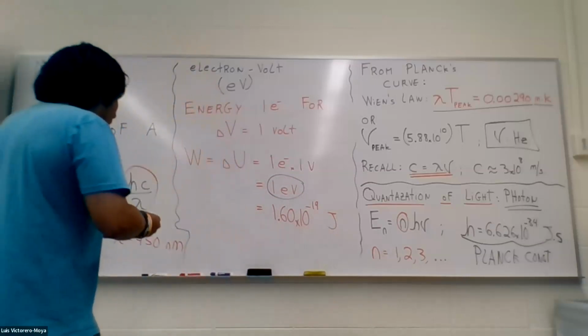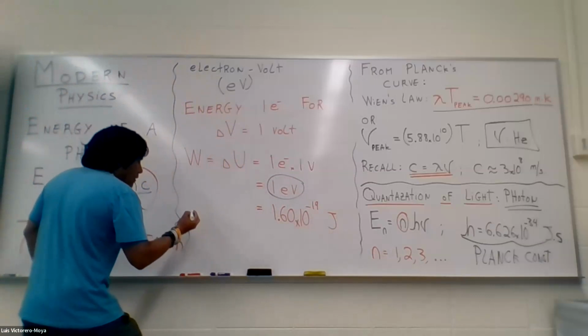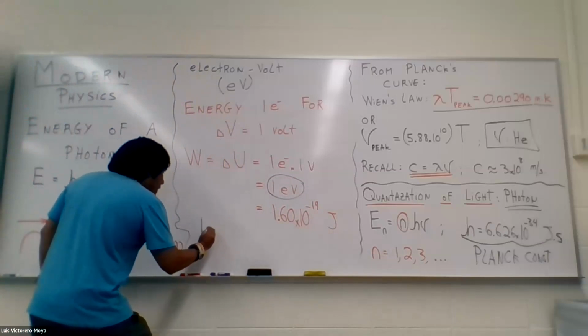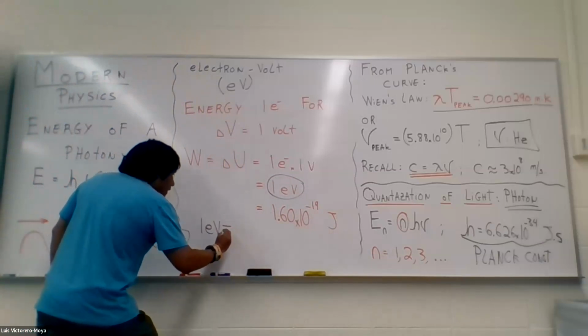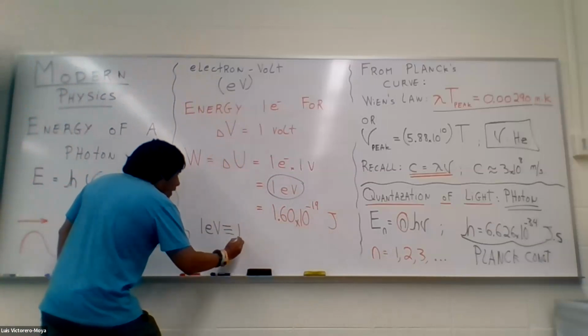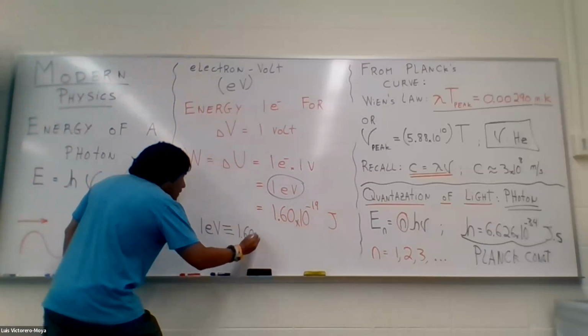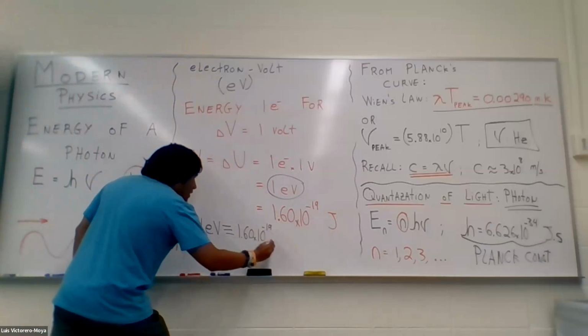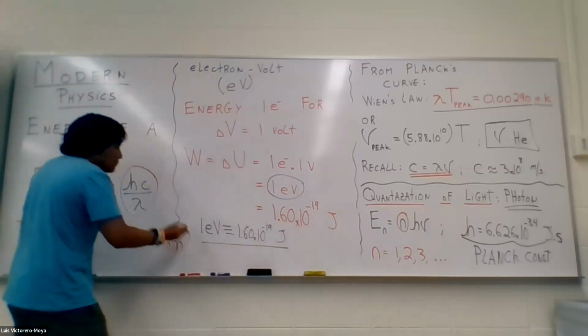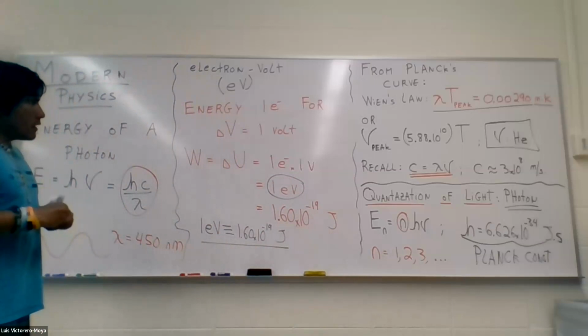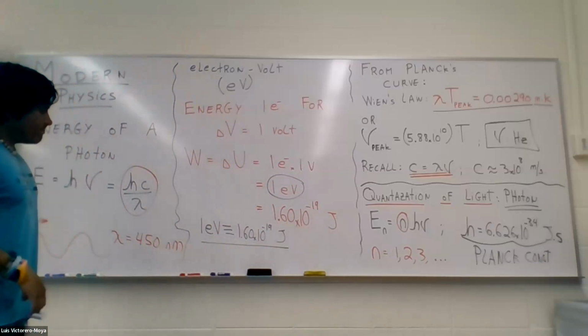And that's how we do the conversion. 1 eV is equivalent to 1.60 times 10 to the negative 19 joules. Okay? That's what we have.